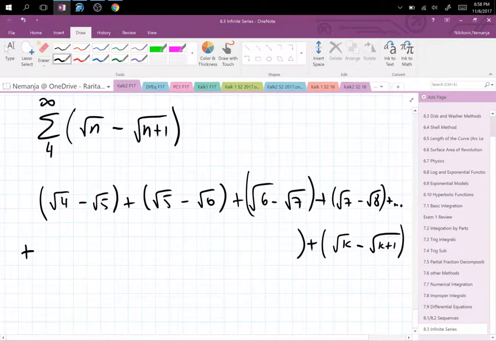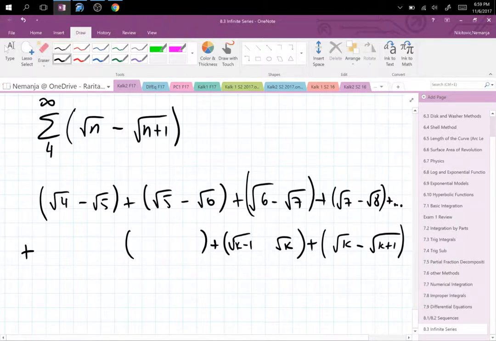Plus, and now I just lower each one by 1, and I keep lowering by 1. So this one is square root of k minus 1, plus root k. When I take away 1 from here, it becomes k minus 1. When I take 1 away from here, it becomes root k. Then the term before this one is going to do the same thing.